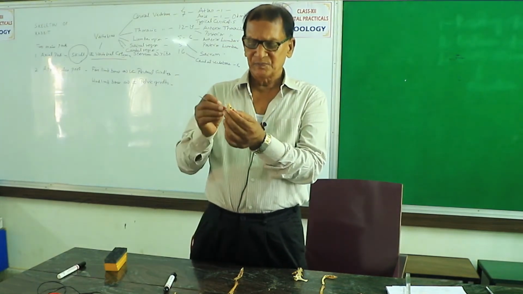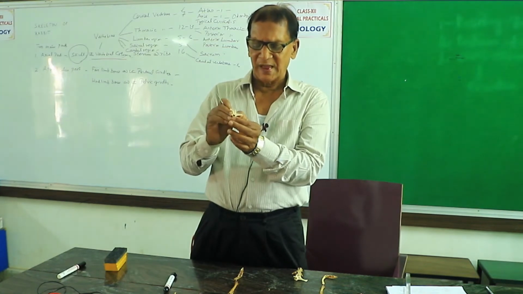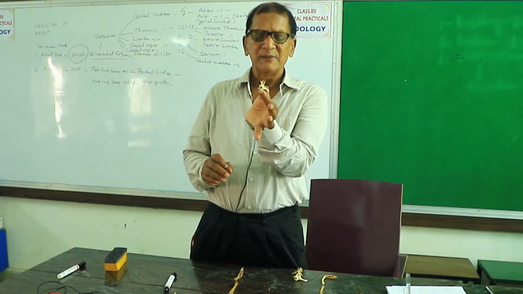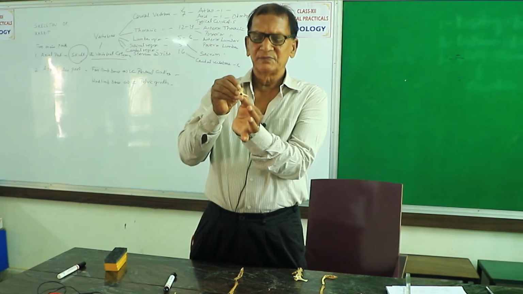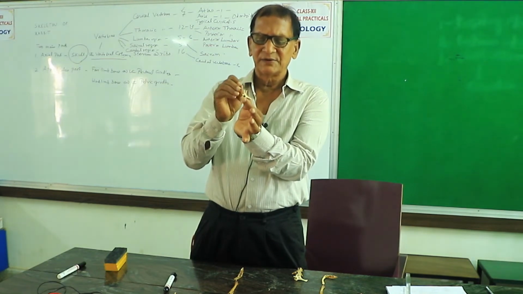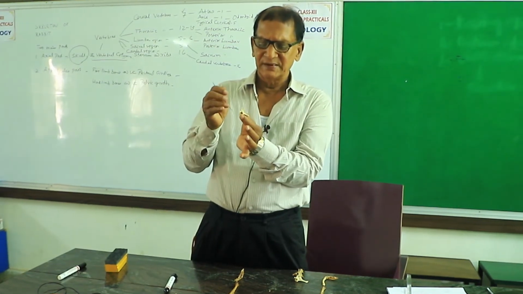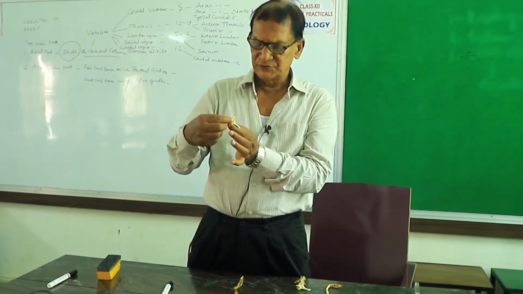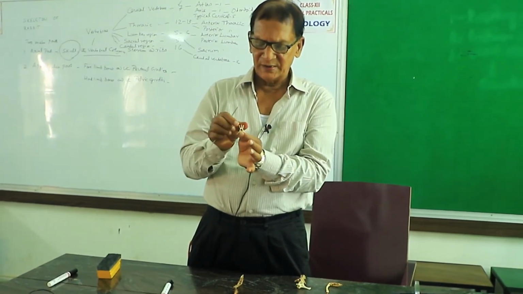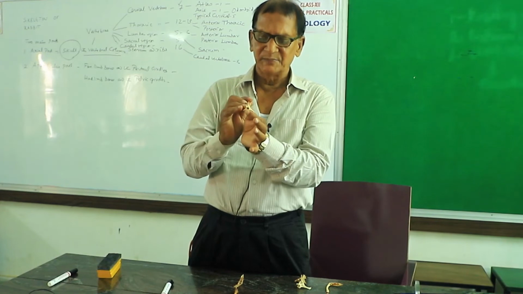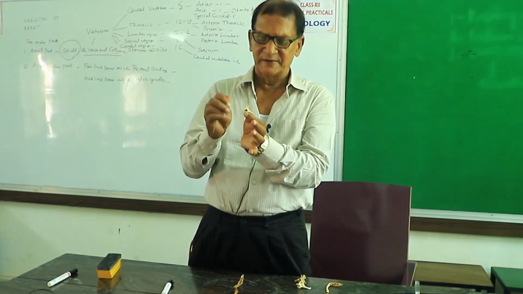Anterior lumbar, as usual, has the amphiplatian centrum, neural canal, the neural arch, and then we have this pre-diaphysis and post-diaphysis, and in the middle there is the neural spine.